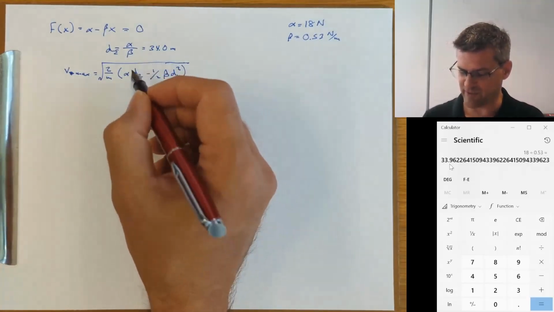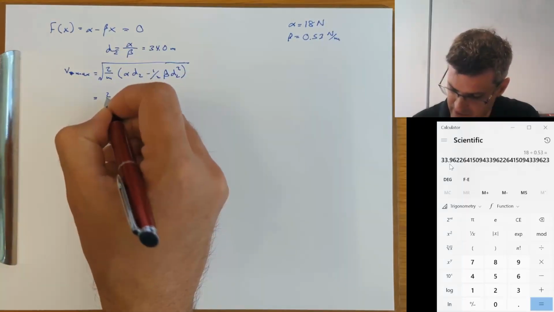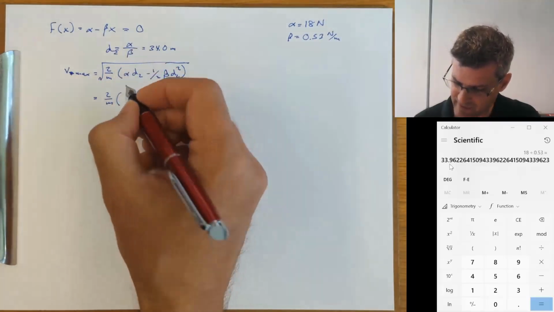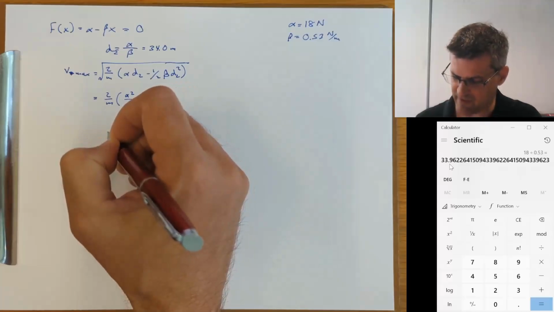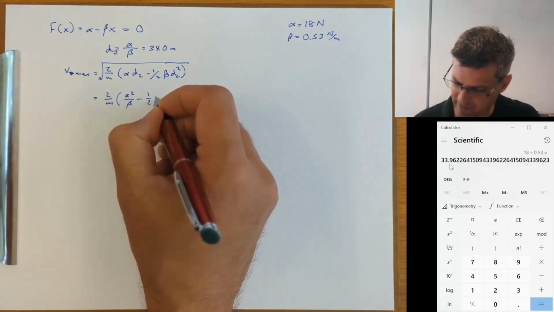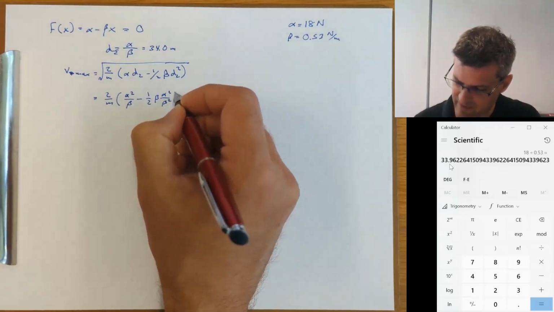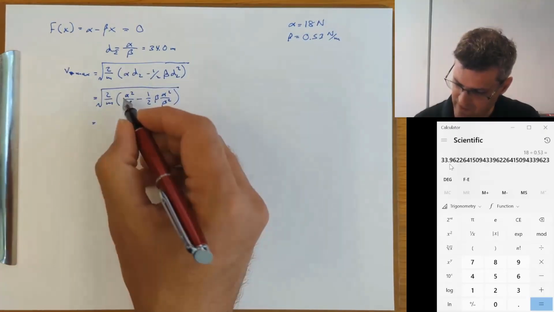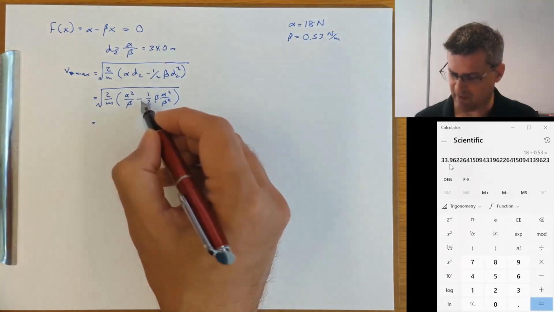Well, I could actually do a little bit of simplifying here, right? So sure, we have this 2 over m, but alpha times d2 is alpha squared over beta. And here I've got this 1/2 beta times alpha squared over beta squared. So I've got this alpha squared over beta minus 1/2.